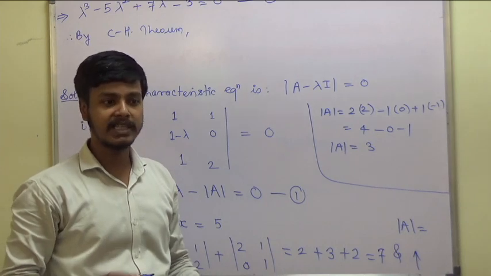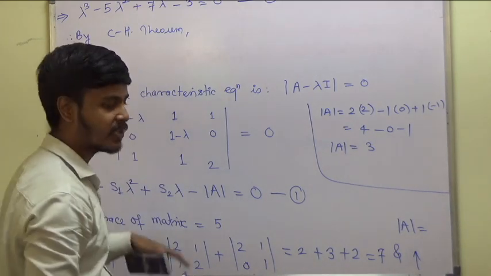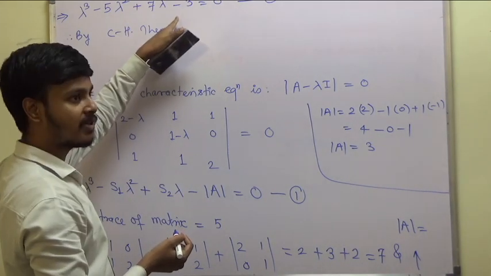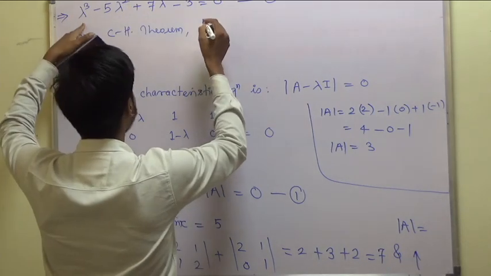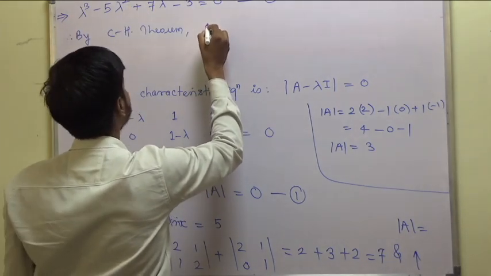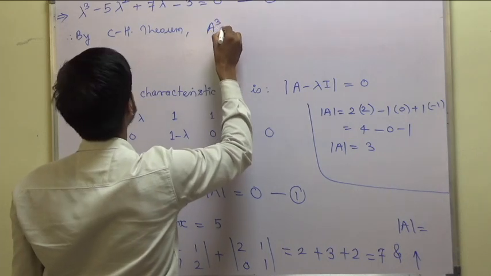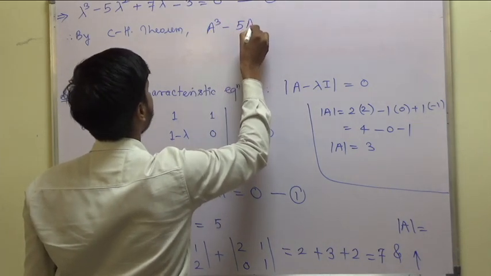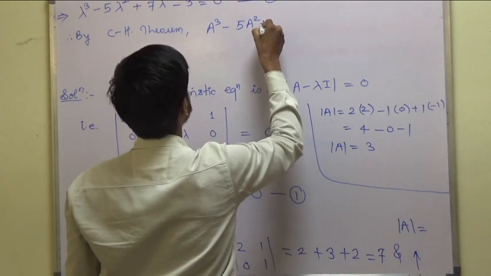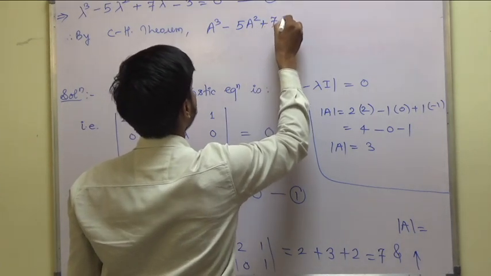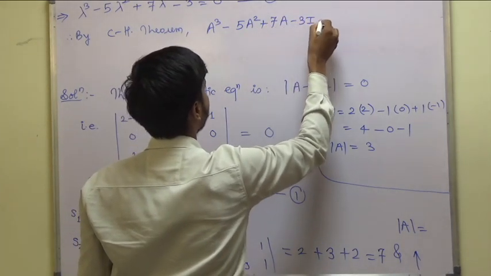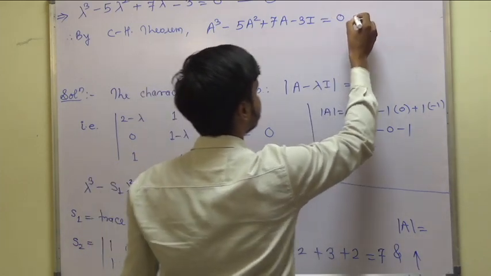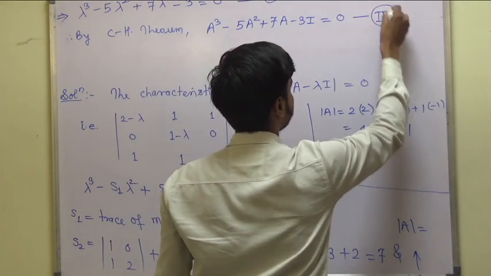Every square matrix satisfies its characteristic equation. So this is the characteristic equation. Matrix A will satisfy it, which means put lambda is equal to A. So we get A cube minus 5A square plus 7A minus 3 times I is equal to 0. Say this is equation number 2.